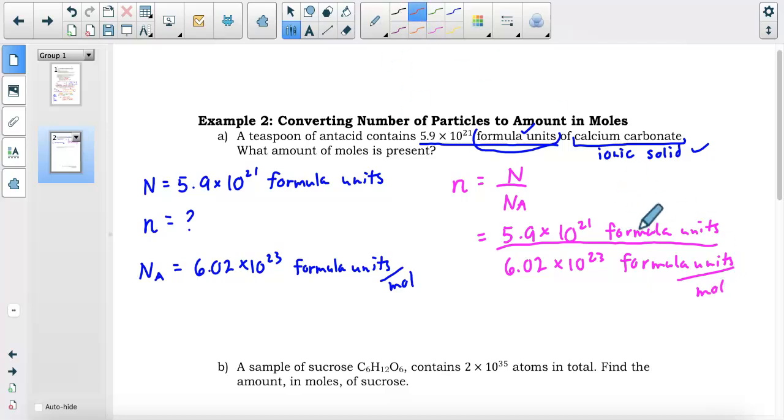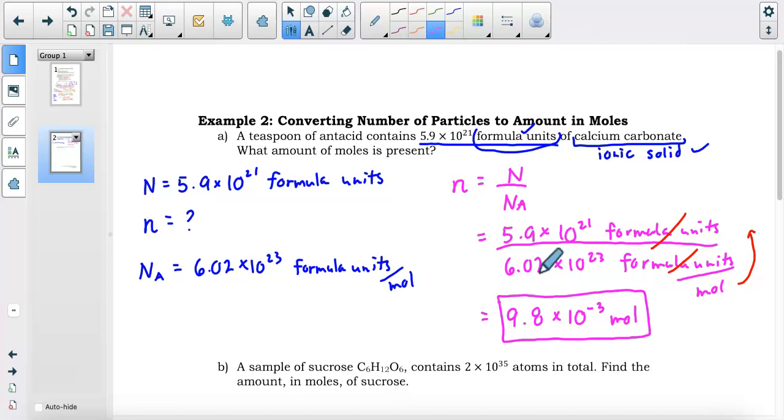So what's going to happen is that these formula units are going to cancel, and what that does is that allows this mole now, because it's a denominator, to come back up top. And when you do that calculation, you're going to get 9.8 times 10 to the minus 3 moles.